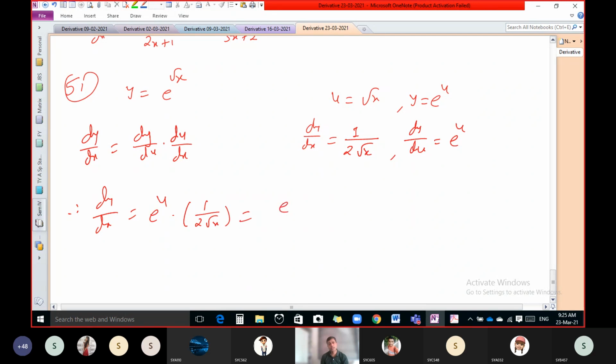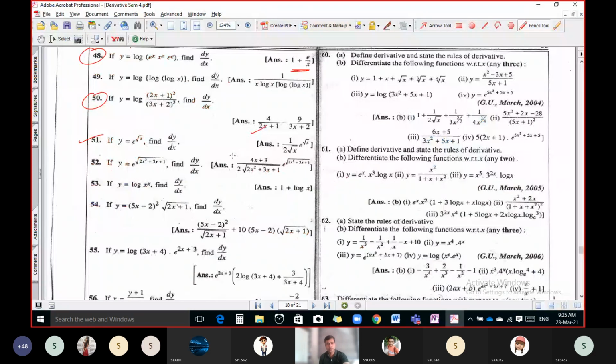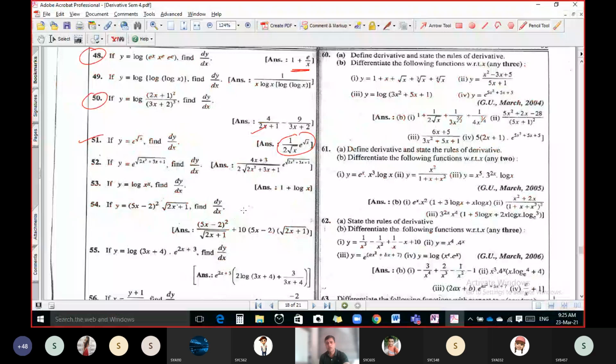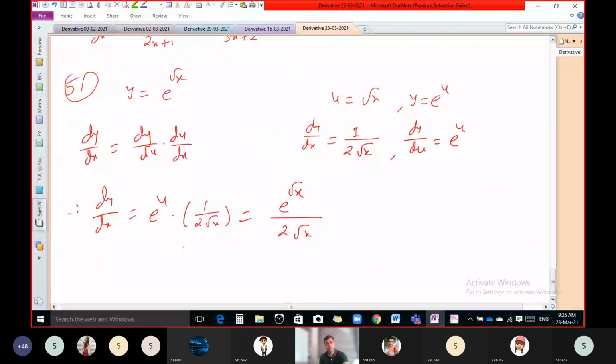U means what? Root x. So e raised to root x upon 2 root x, that is the final answer. Or you can write 1 upon 2 root x into e raised to root x. It's the same thing. Let us do this question number 52.